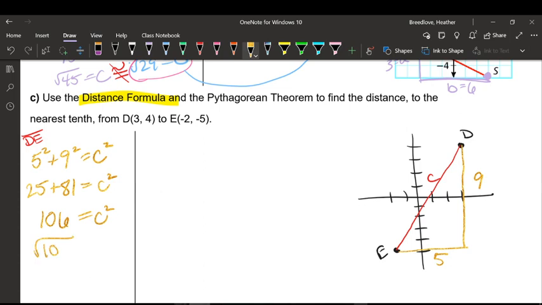So the square root of 106 is C. All right, so then we're going to do distance formula and see if we get the same thing. So the distance formula, D equals the square root. You have x2 minus x1 squared plus y2 minus y1 squared.